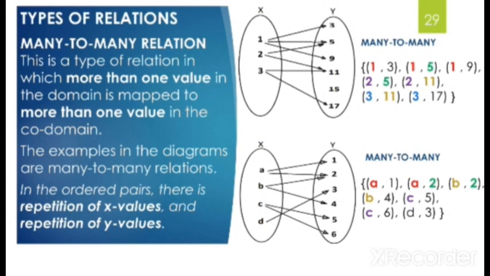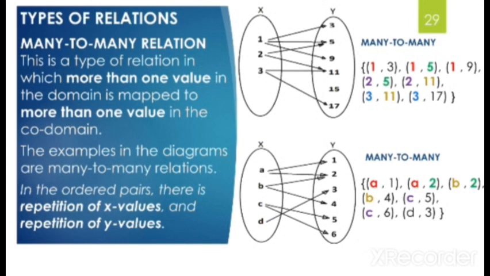You can see that A is mapped to 1 and 2. So that is one-to-many. And at the same time, we can see that A and B are mapped to 2. So that is many-to-one. So wherever we have one-to-many and many-to-one in the same relation, then we call that relation a many-to-many relation.